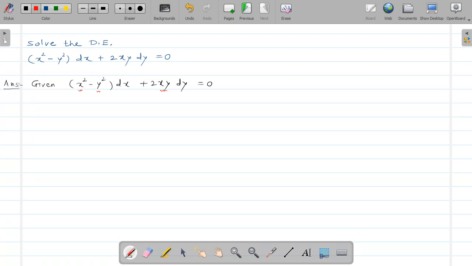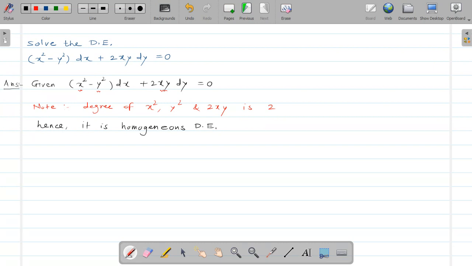So to understand, I will write a note here: the degree of x square, then y square, and 2xy is 2, and that's why the given differential equation is a homogeneous differential equation.